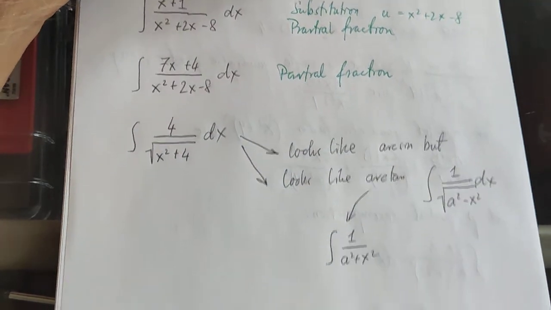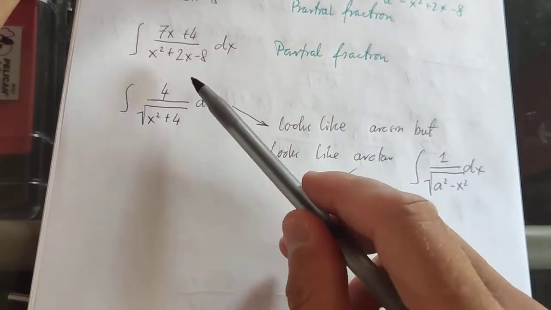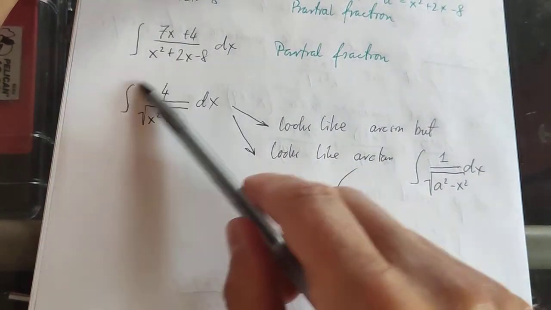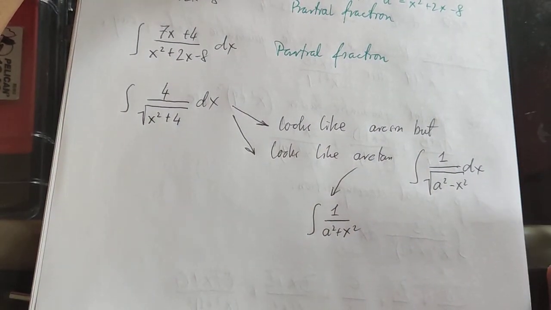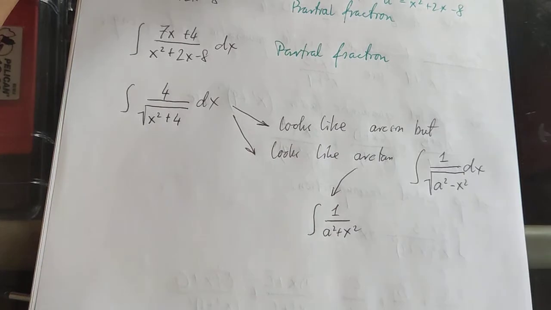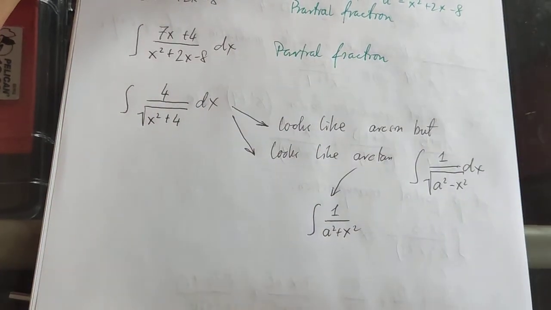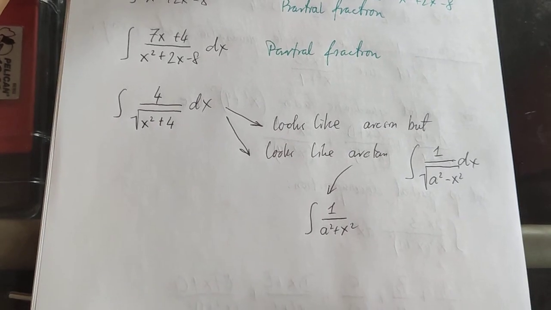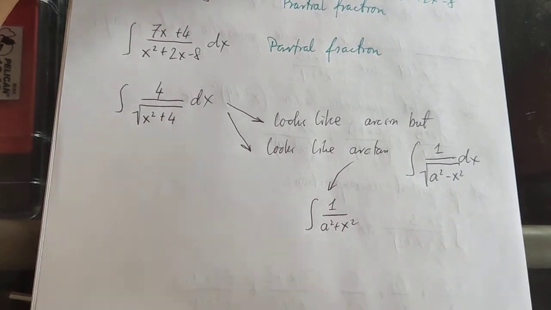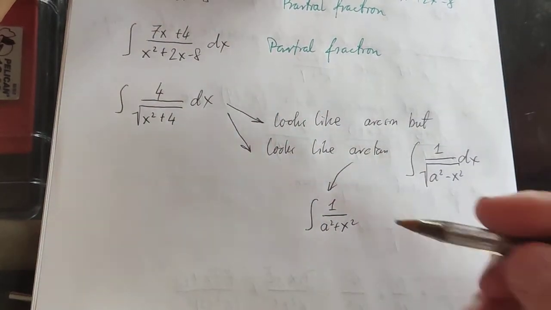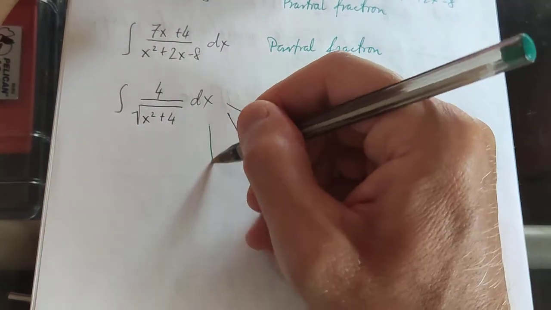In fact, we don't know a method to solve this, to find that antiderivative. That would be a trigonometric substitution, but we haven't covered this topic, and I don't think it's in the curriculum. Anyway, maybe I'll write it down if you want to look it up.